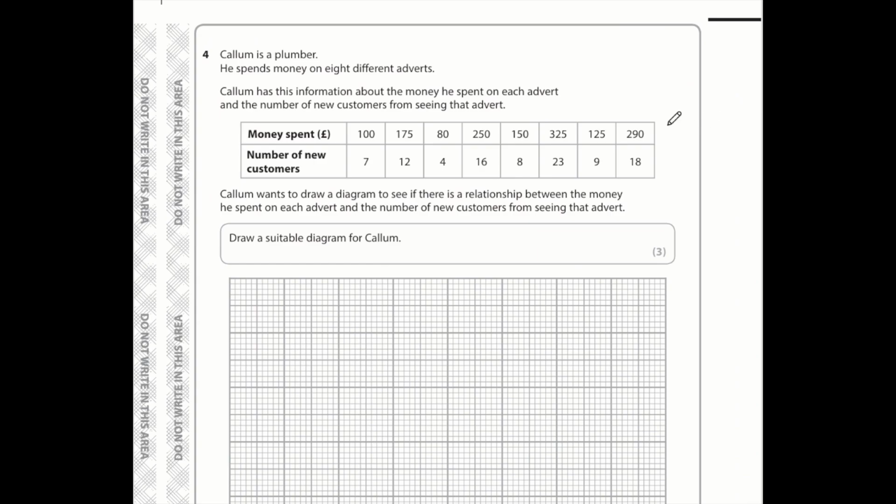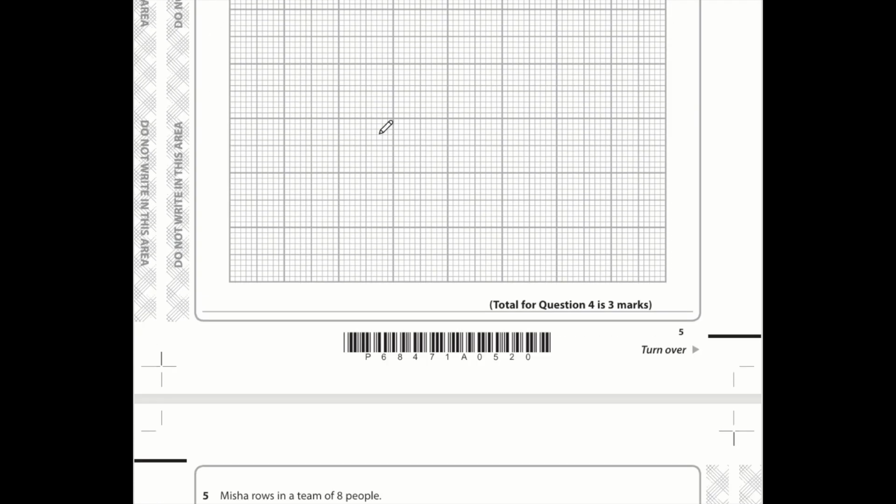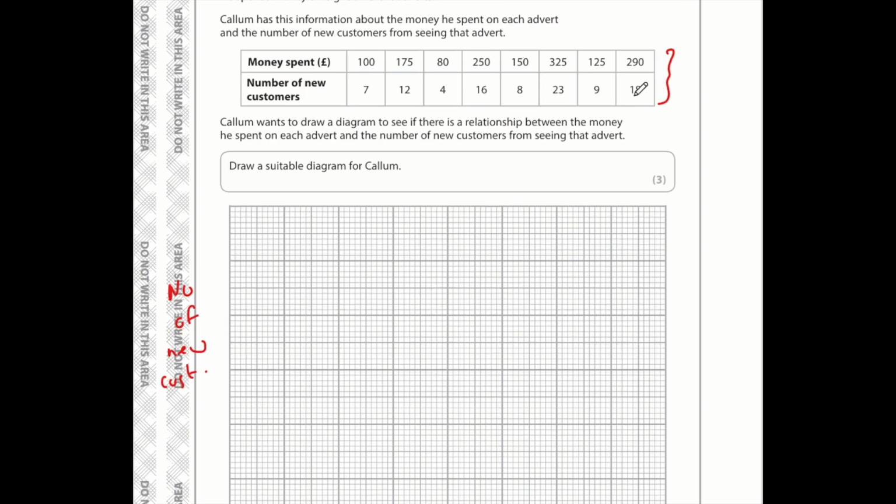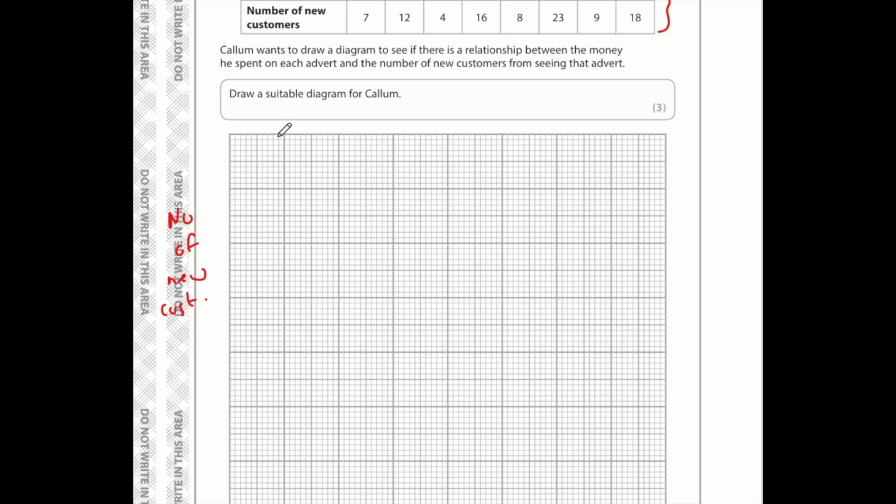Okay, so for question number 4, we need to plot this data. First of all I'm going to label the axes. The x-axis is money spent, and up the side is number of new customers. Money spent goes up as far as 325, so I'm thinking 50, 100, 150, 200, 250, 300, 350, 400.